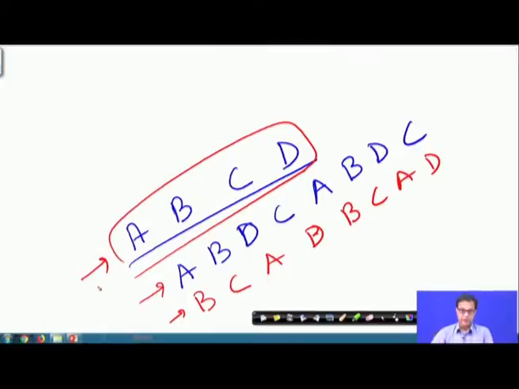As you can understand, this becomes a design problem.